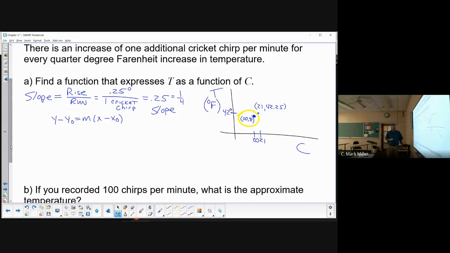In our case, our y variable is t, minus y0, the y coordinate associated with my point, that is 42, equals m, the slope, 1/4, times my x variable, c, minus the c coordinate of my point, which is 20.